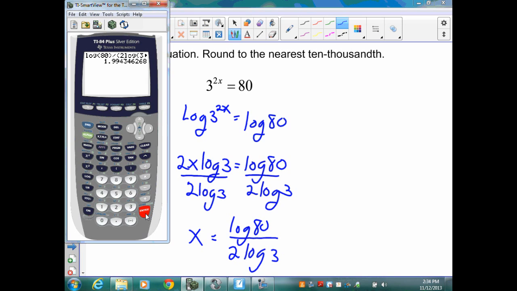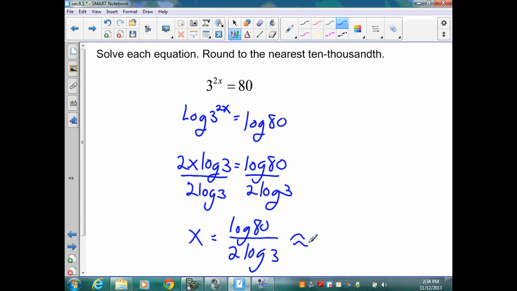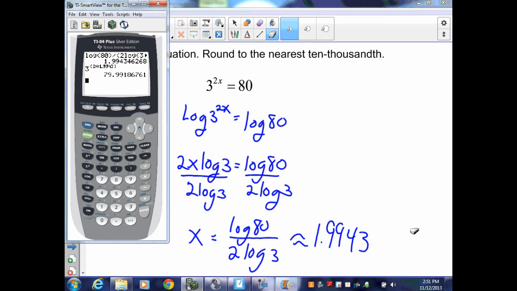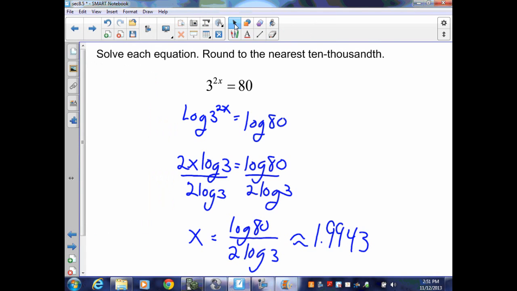And that's going to give me approximately x equal to, and I need that to the 10,000ths position: tens, hundreds, thousands, 10,000ths, and I look to the right to make sure how I round. So the solution is approximately 1.9943. Now what I want to do is verify that my solution of 1.9943 is correct.